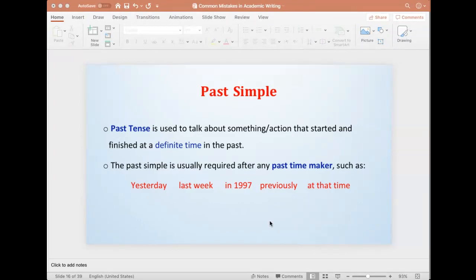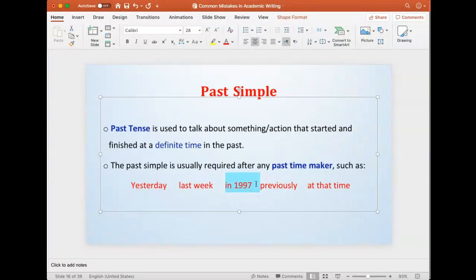And it's very important to mention when this action took place. Additionally, we usually have to put certain time expressions when we refer to the past simple. Like, for example, yesterday, last week, or we could use in 1997, previously, at that time.